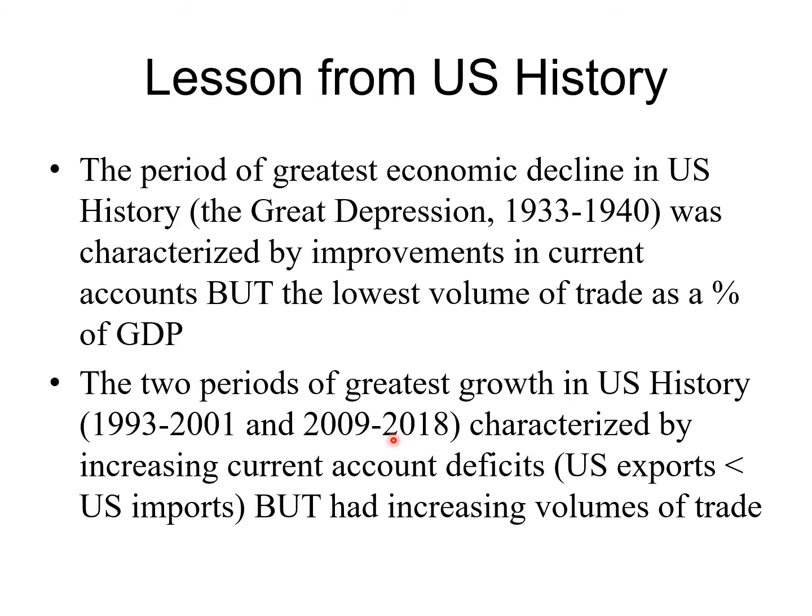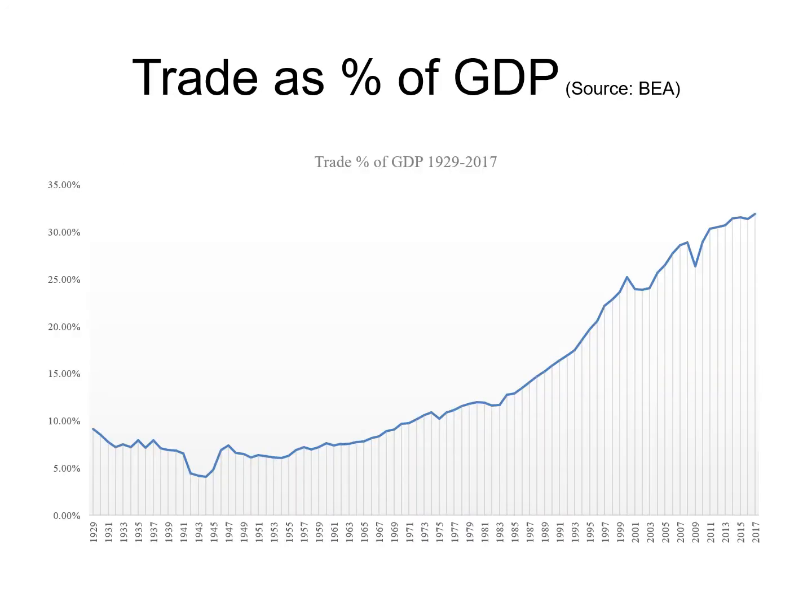From 2009 to 2018, those deficits have increased, but these two periods are also noted as the greatest periods of economic prosperity in the United States. Why? Because of the dual use of money. You're increasing the volume. That's increasing the availability of reserves at banks, which they can lend out for investment and consumption. Okay? We look at that here graphically, and let's look first at the 1930s.